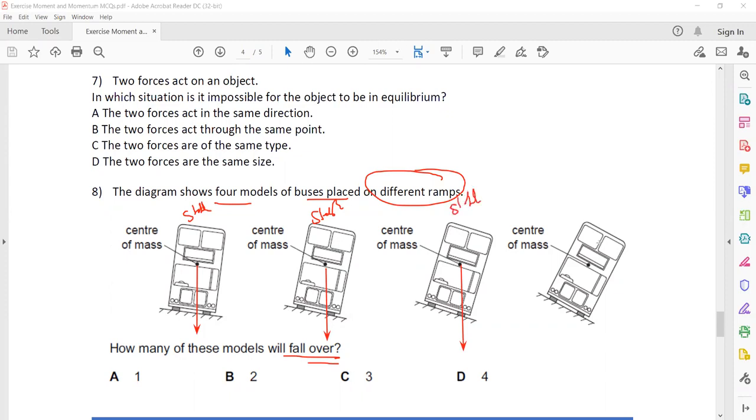But when you draw the weight for the last model, it is not passing through the base of the bus, so it will fall over. So the last one is unstable. So how many models will fall over, or how many models are unstable? Only one of the models is unstable. That's why A is the right answer.